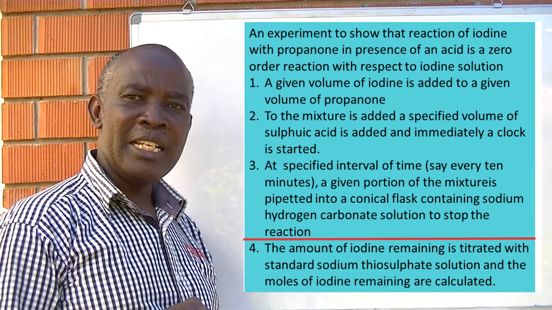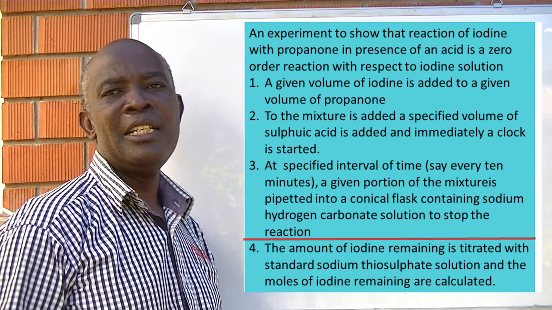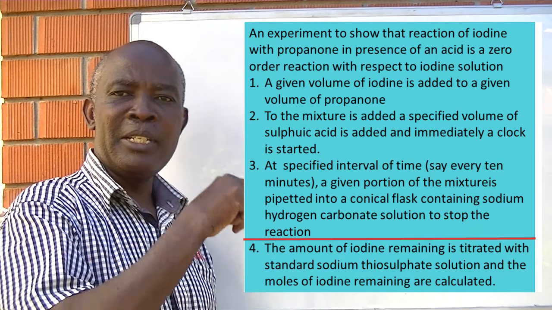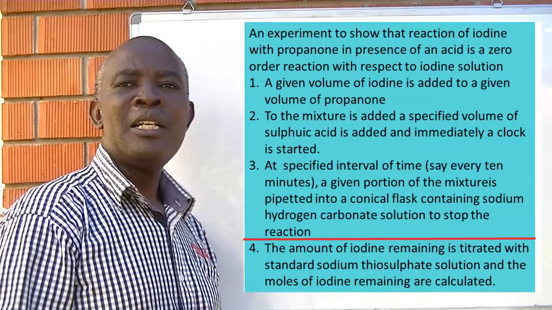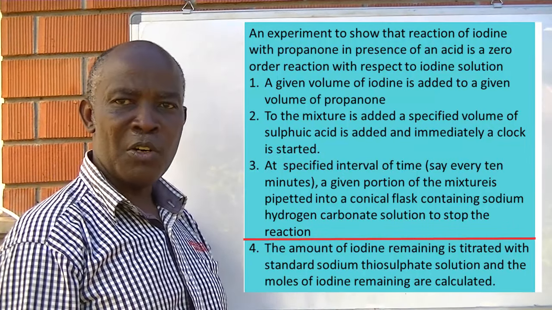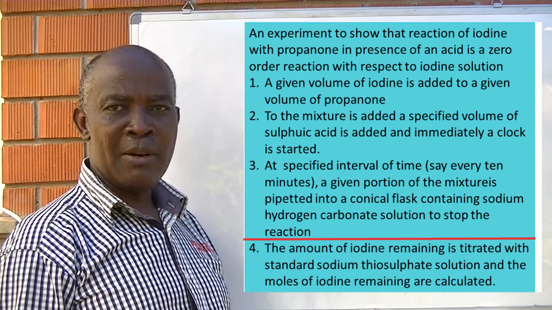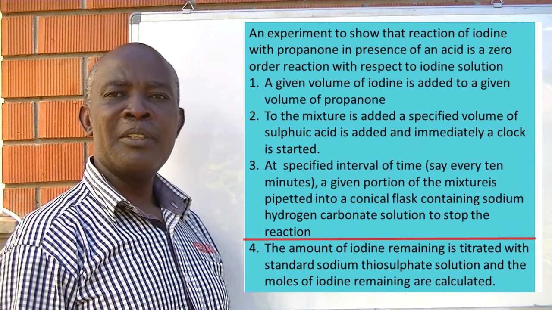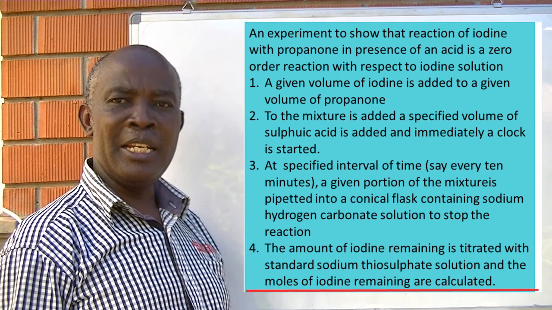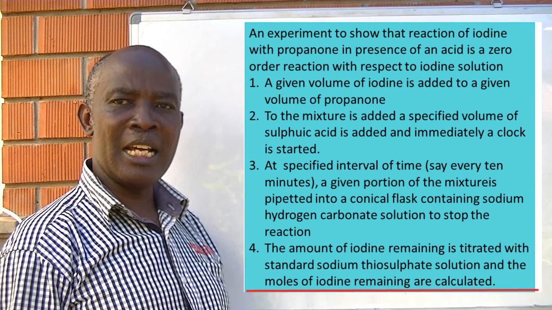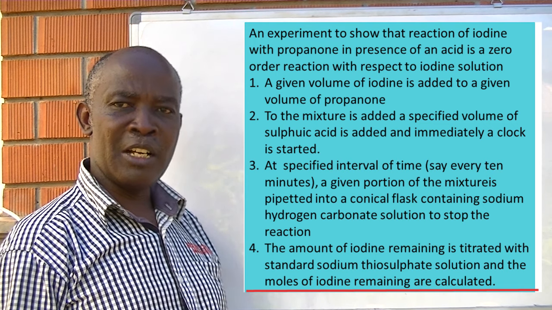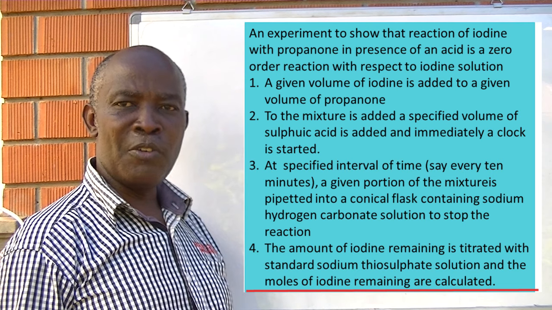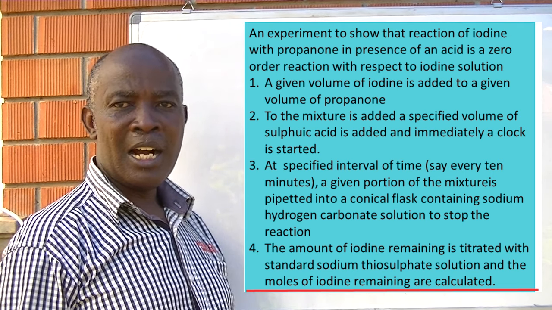At specified intervals of time, say every 10 minutes, a given portion of the mixture is pipetted into a conical flask containing sodium hydrogen carbonate to stop the reaction. The amount of iodine remaining is titrated with standard sodium thiosulfate solution, and the moles of iodine remaining are calculated.